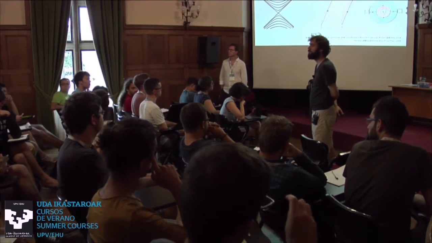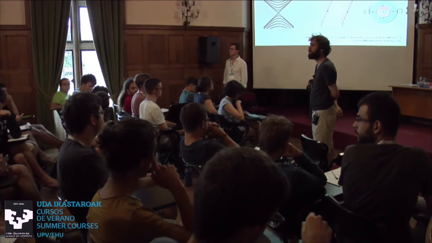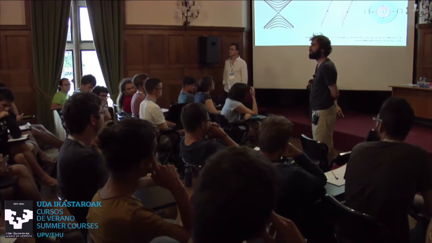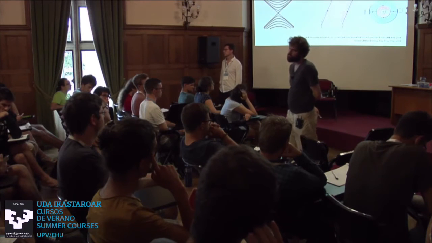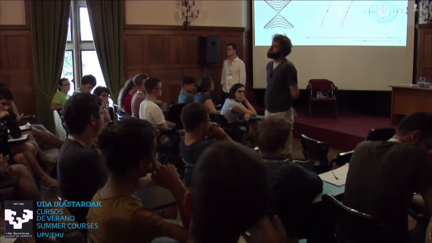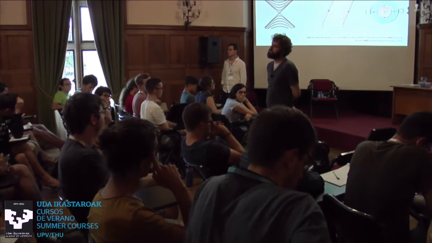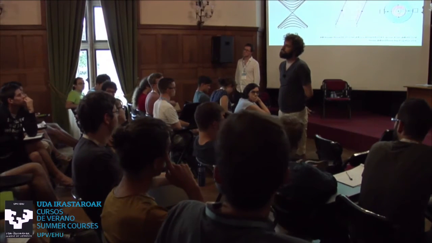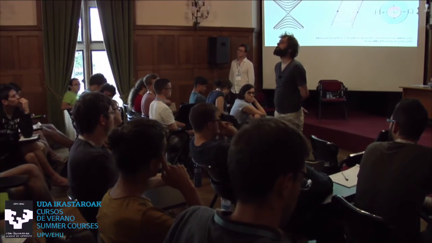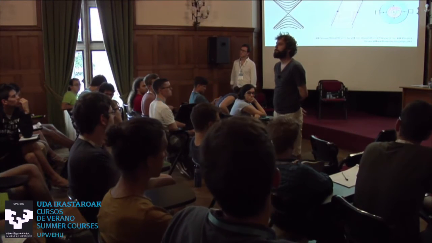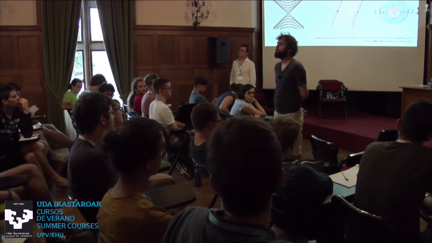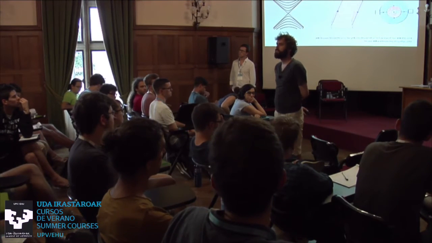Yeah, I want to make sure I understand the nature of the perfectly conducting mode. So if you have a classic quantum wire, no matter whether it's a topological system or not topological, typically it's generically localized, right? Yes.